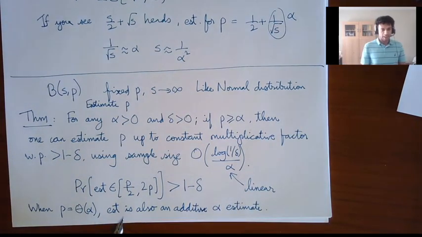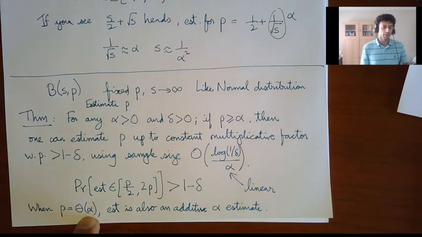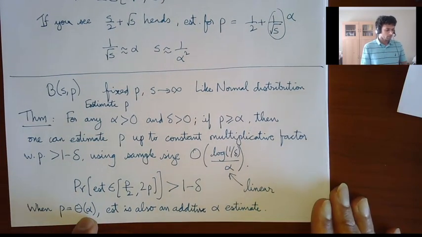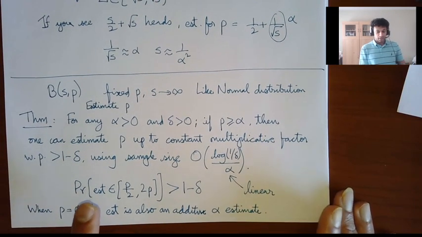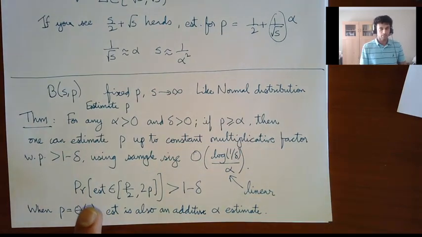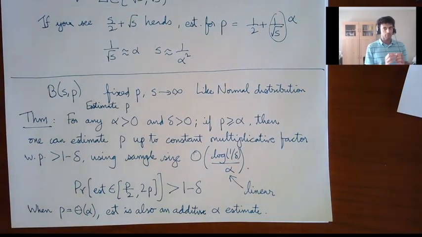So I have actually estimated the bias up to an additive error of alpha when p is theta of alpha. So what this is saying is that I'm actually able to beat the 1 over alpha squared dependence if the bias itself is proportional to alpha. This is the interesting point here.